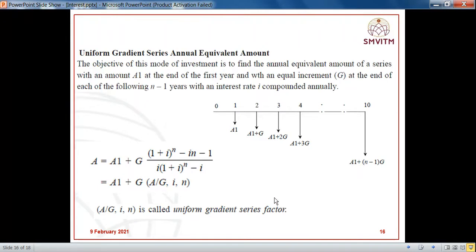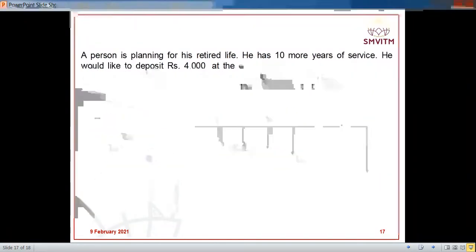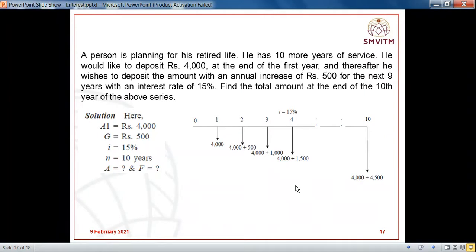Let's see an example and solve a numerical problem. A person is planning for his retired life. He has 10 more years of service. He would like to deposit rupees 4000 at the end of the first year, and thereafter deposit the amount with an annual increase of rupees 500 for the next 9 years.